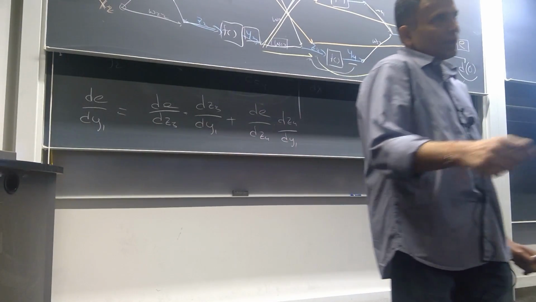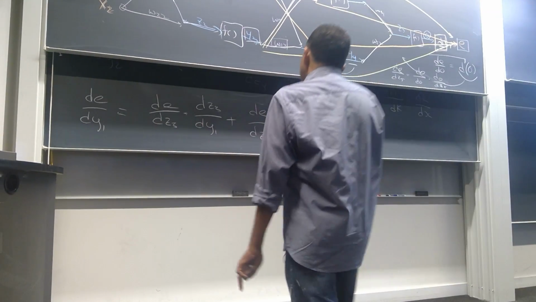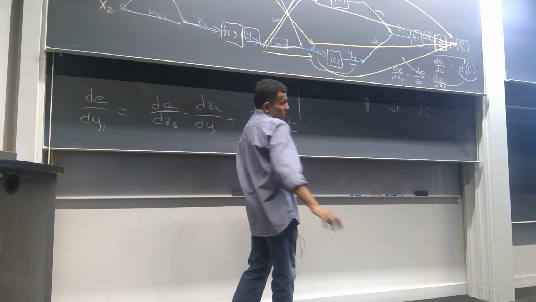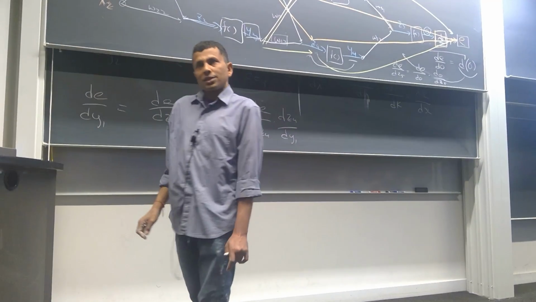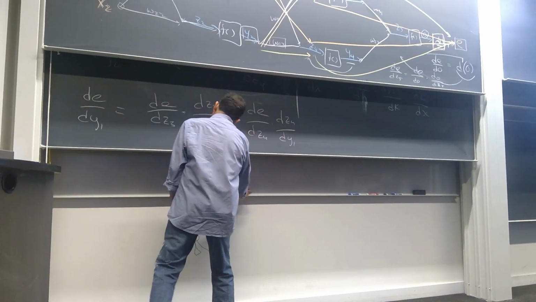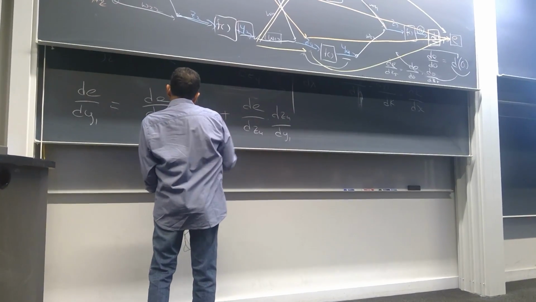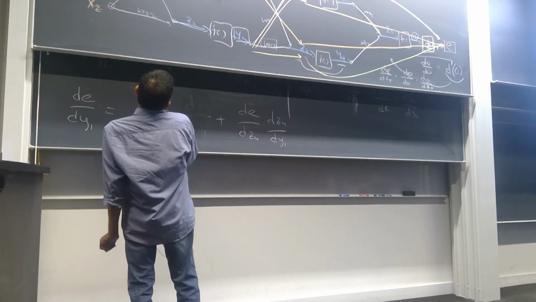Right? And these derivatives can be replaced by, what are these guys? These two terms. Again, they are just the weights. So I can write these weights down. What is this one here?